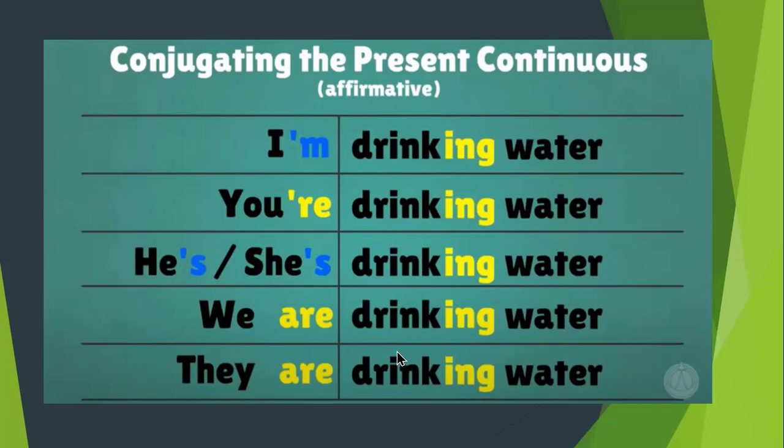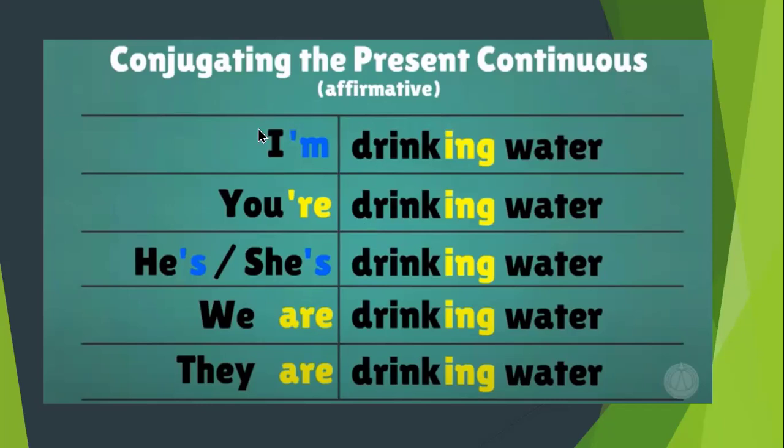Remember, this is when we want to use the present progressive. Of course, the verb to be will change: a different form of verb to be for each person. I am, you are, he, she, it, we are, they are. It's exactly the same as when we use the verb to be in the simple form.